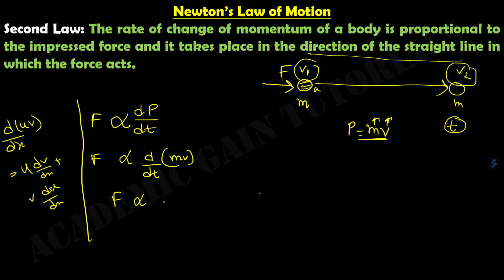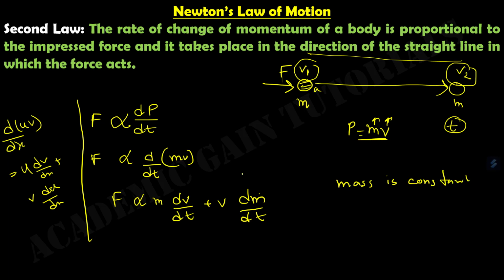So I can write, if I take m, then I differentiate v, giving dv by dt, and if I take v, I differentiate the mass, dm by dt. In Newtonian physics, we take mass to be constant.